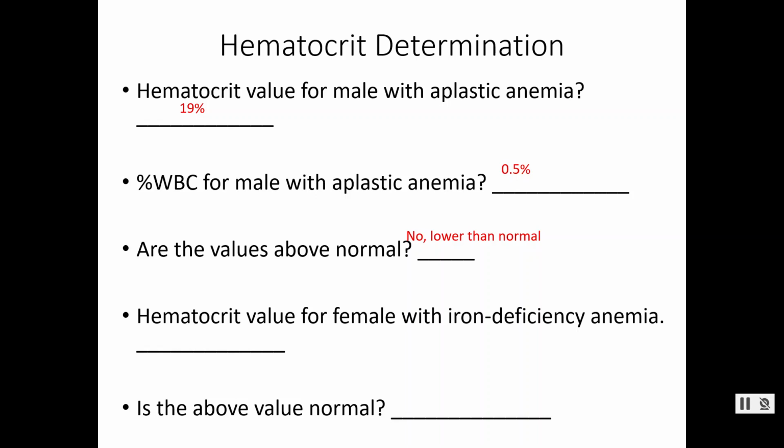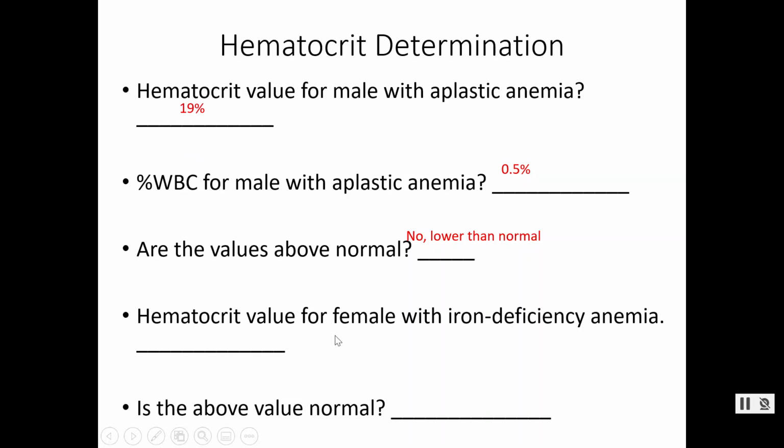And this is both red cells and white cells. So all formed elements, you have dramatically decreased production of those. Our normal value for a male can be up in the mid to high 40s. Buffy coat is normally around 1% or so. So we've got a slight reduction in the buffy coat with the white blood cells, but we have a fairly dramatic decrease in the hematocrit value for our aplastic anemia person.